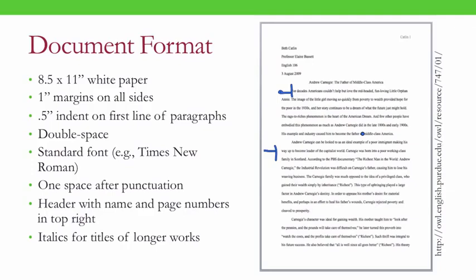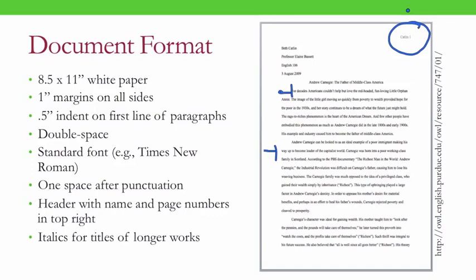Times New Roman is, I think, the most common. After each punctuation mark, so a full stop, or a period, a comma, or a quotation mark, we want 1 space, not 2, before the next letter. And we always want a header in MLA format with the last name of the author and consecutive page numbers for every page.